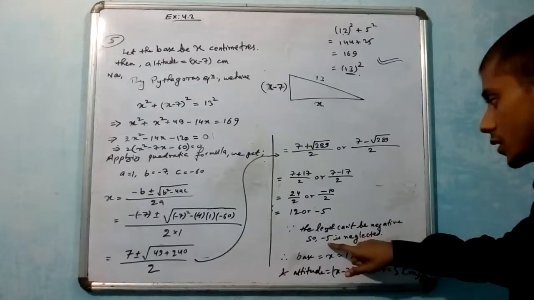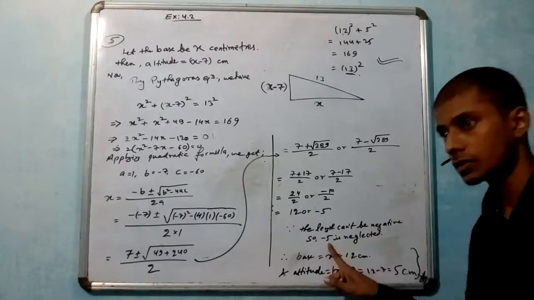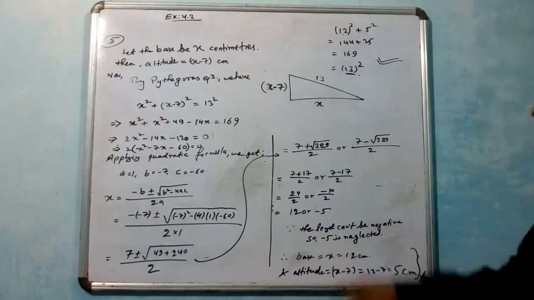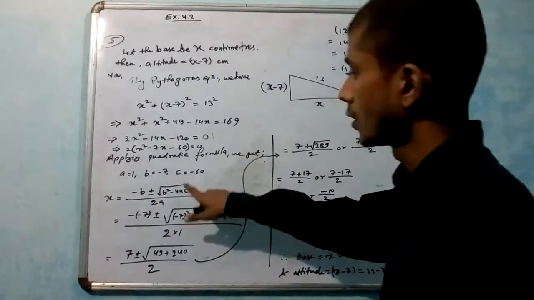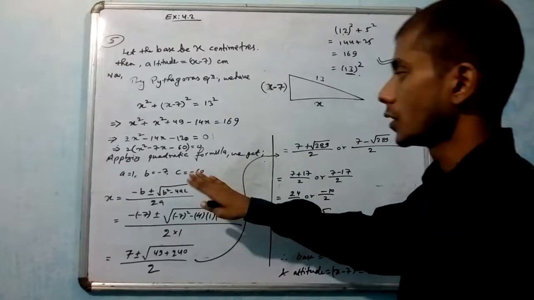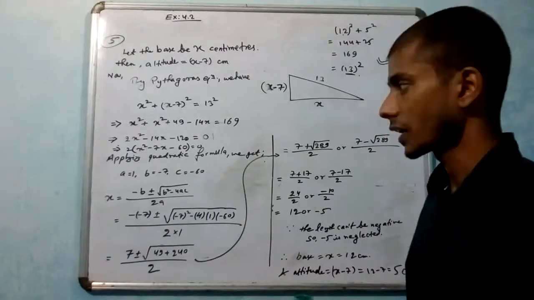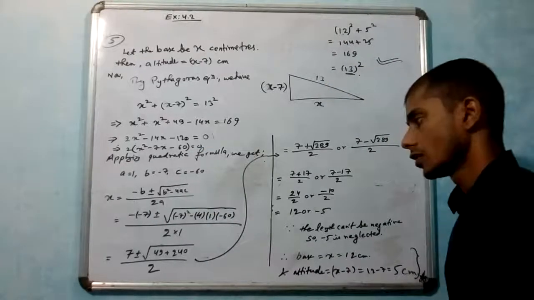So understood how to deal with word problems in quadratic equations using the quadratic formula? Here we used the quadratic formula, but you can even use the factorization method or the completing the square method. Any method you use, the answer will be the same. It's not going to make any difference.